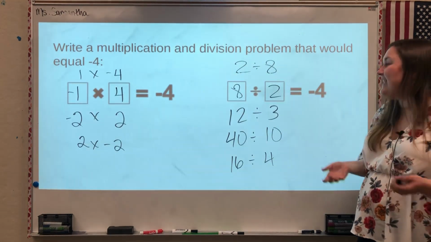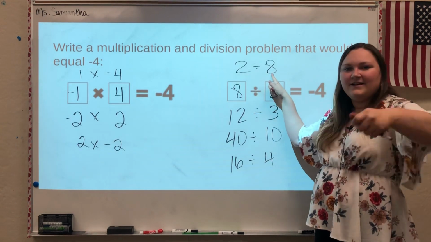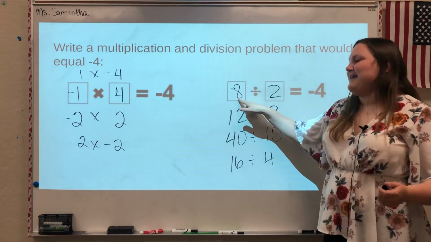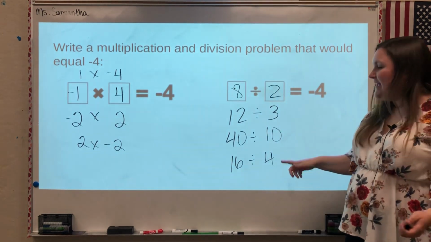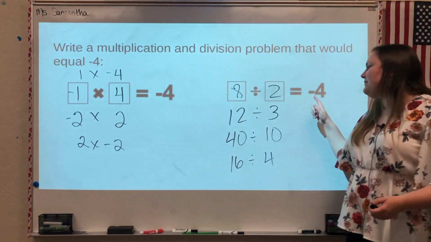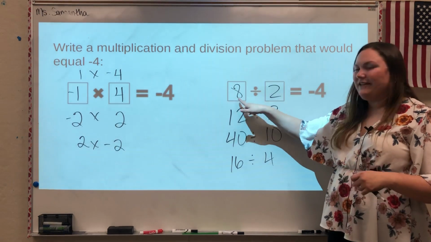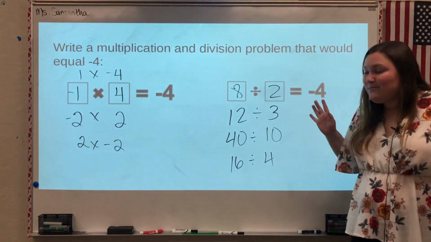If I had 2 pencils that I'm dividing up amongst 8 students, you can't do that. But if you have 8 pencils that you're dividing between 2 students, you can do that. Division, at least when we're talking about nice whole numbers, not fractions and decimals, we want that larger number to come first. So like I said, these are 4 options. There are many, many more.